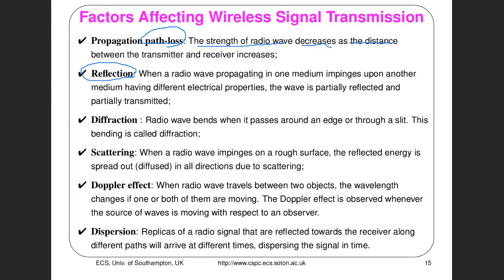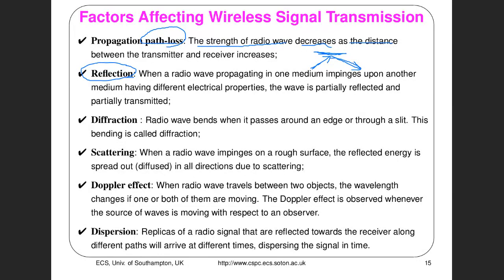It happens when signal reflects on a surface. So normally, when reflection happens, the direction of signal would obviously bend, and the signal travels through a reflected path here.